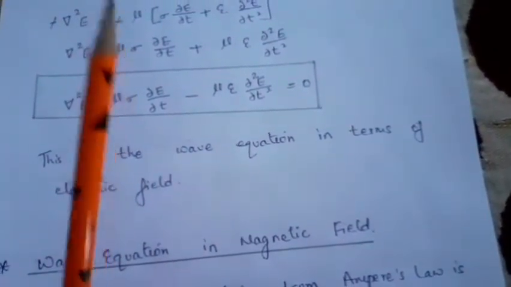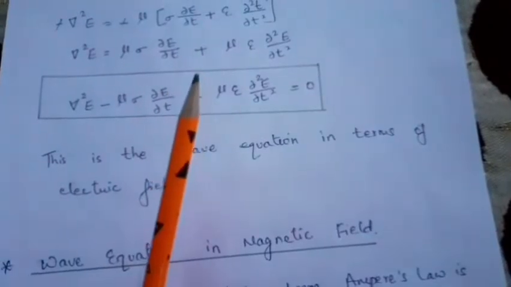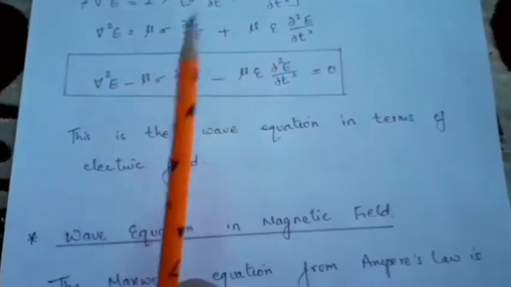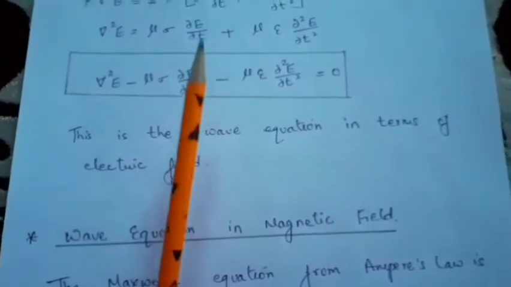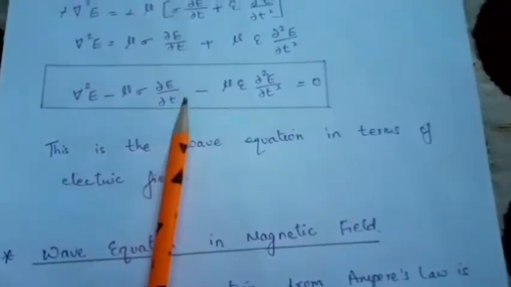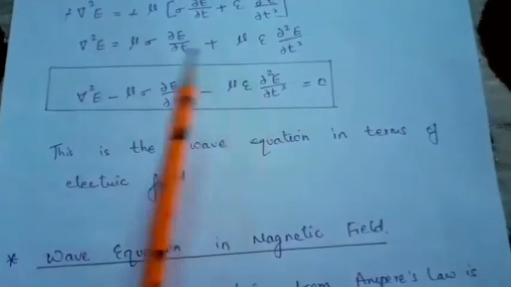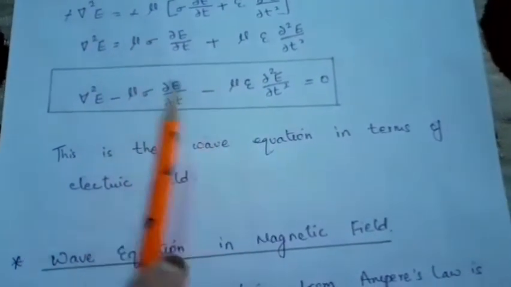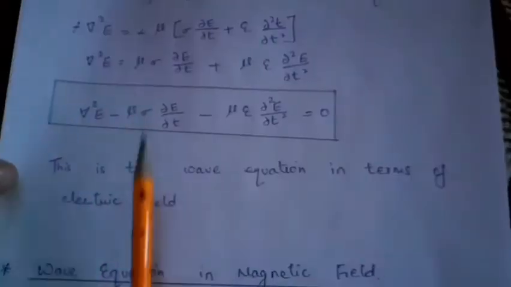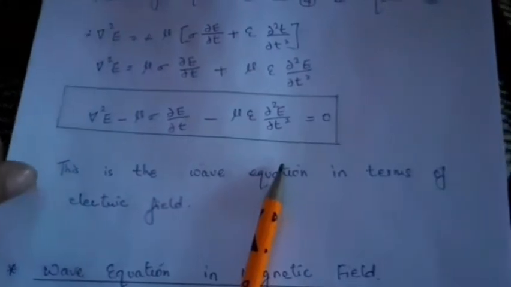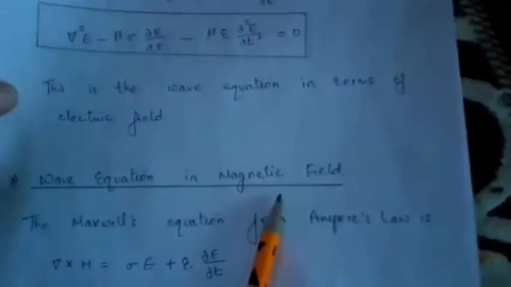Next, we have to take the curl on both sides, and then we have to consider the identity, and then we have to take Maxwell's first equation, that is from Ampere's law, and then we can differentiate both sides and substitute the result into the second equation, and after substituting, we will get this equation. So this is the wave equation in terms of electric field. The same procedure can be followed for the wave equation in magnetic field.